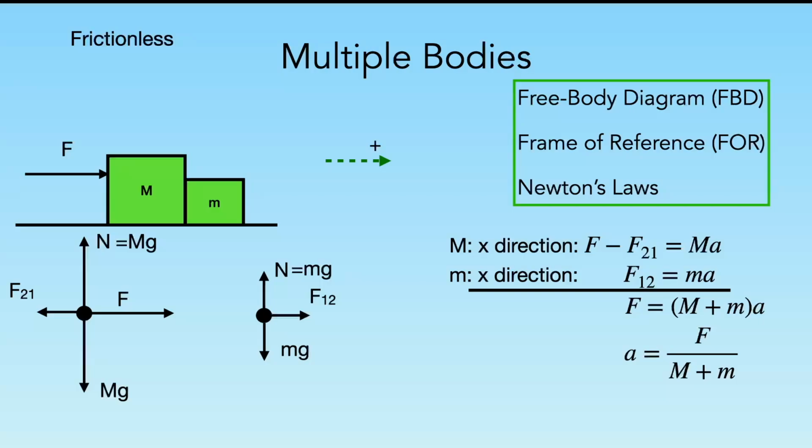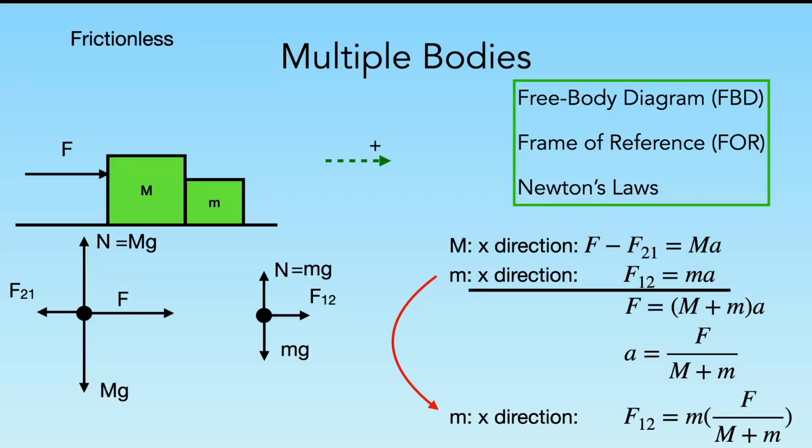That's not too bad. And then we can use that a in either of those two equations above, F minus F21 equals Ma or F12 equals little ma. We can just substitute that in and find what we call an internal force, the force of big M on little m or little m on big M. So I'm just going to take that equation, F12 equals ma, and a is capital F over M plus m.